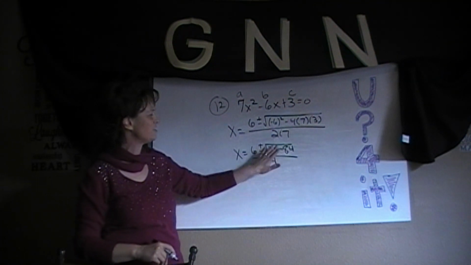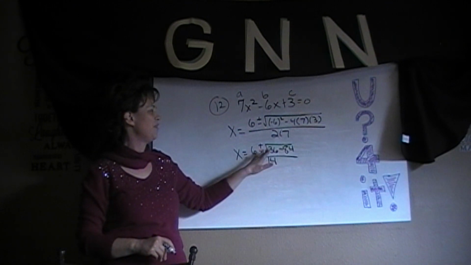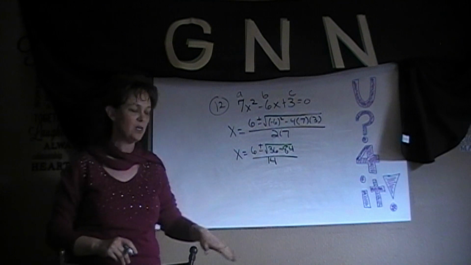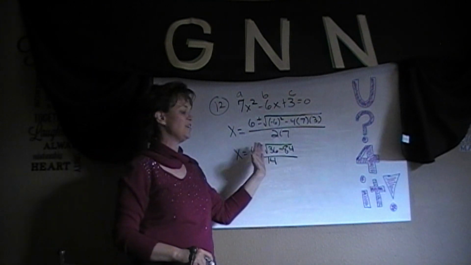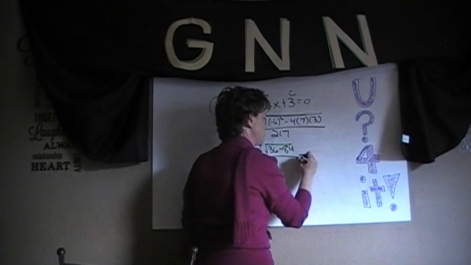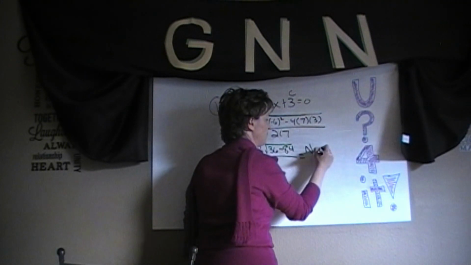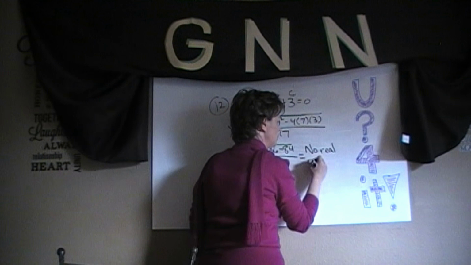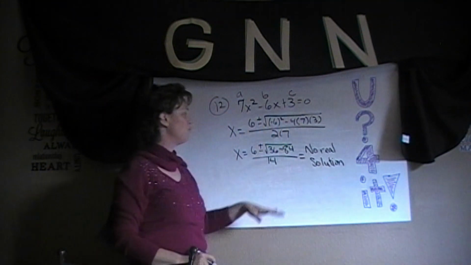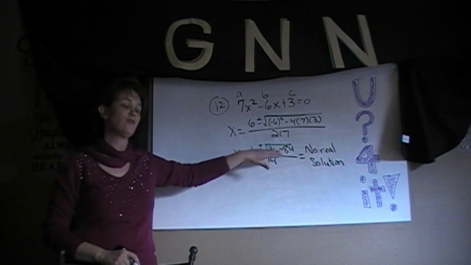Now, 36 minus 84 is going to give us a negative number under the square root. And anytime you have a negative under the square root, you will not have a real answer. So I don't need to go any further. The answer to this problem is no real solution. And again, you will write that for your answer, or select that when there is a negative under the square root.